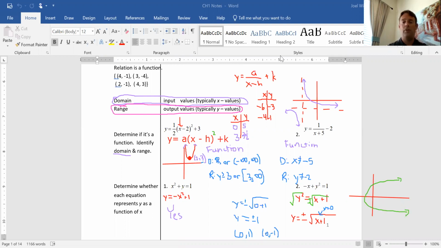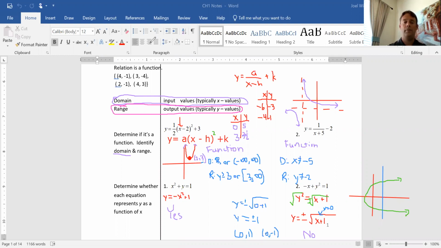And if you look at it, friends, you would notice that if I were to do my vertical line test, it wouldn't have passed the vertical line test. So therefore, not a function. So this last one here, is it a function? We would say, no, definitely not a function. Okay.